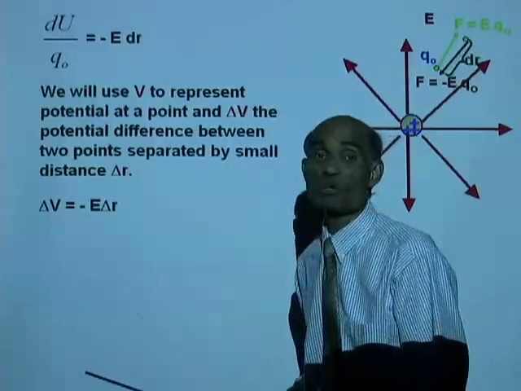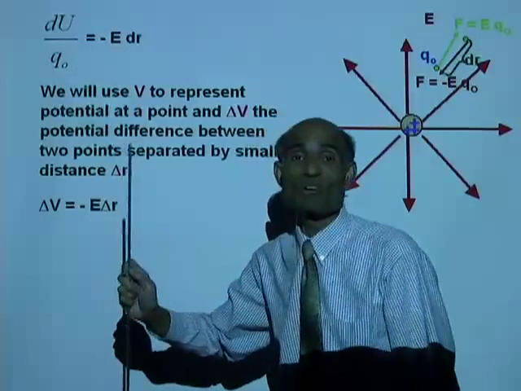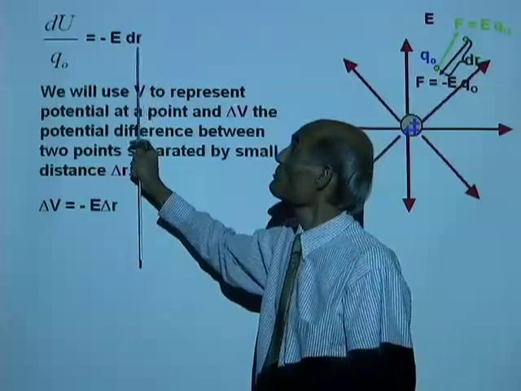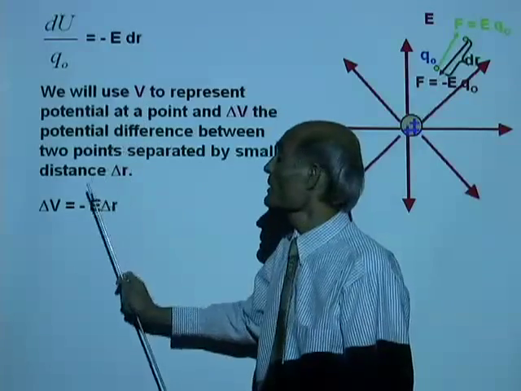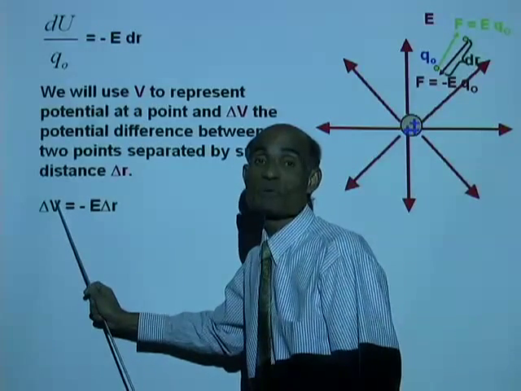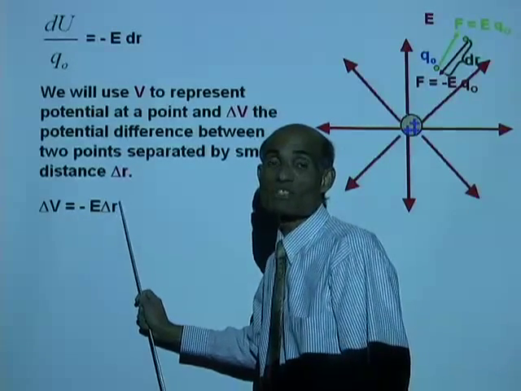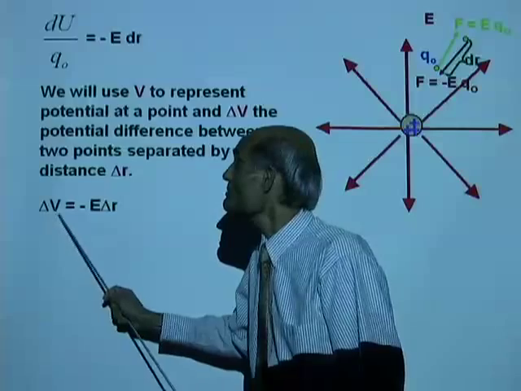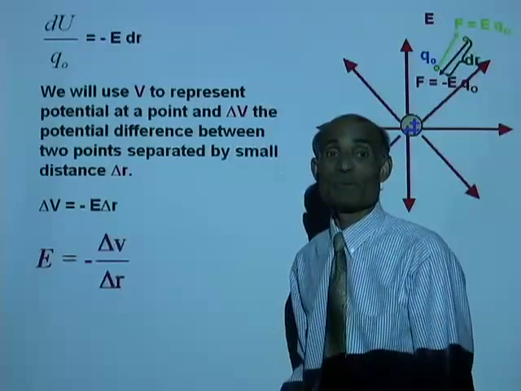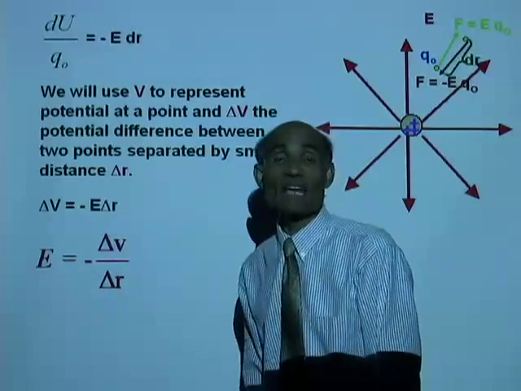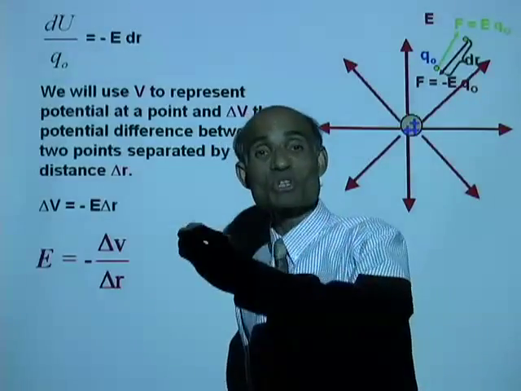Delta V is the potential difference. dU over q0 is a measure of the potential difference between 2 points separated by distance dr. If delta V is the potential difference between 2 points separated by a distance dr, then delta V is equal to negative E delta r. Or E, electric field, can now be defined in terms of the potential difference.